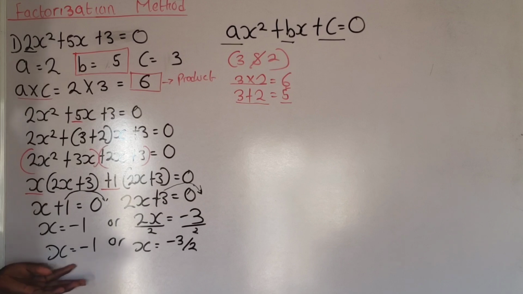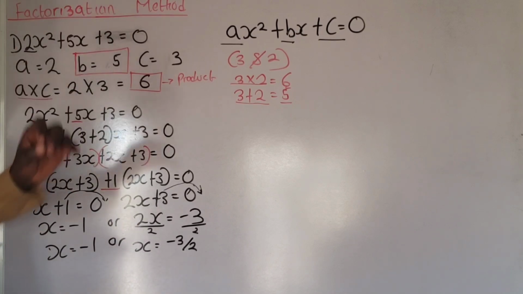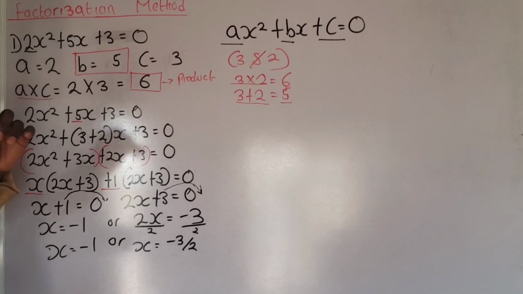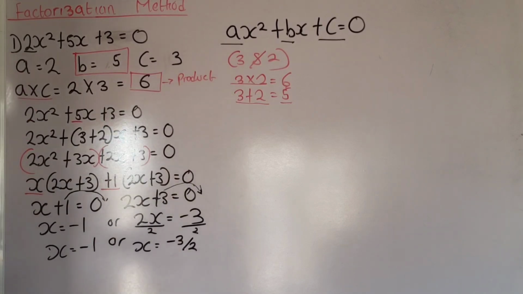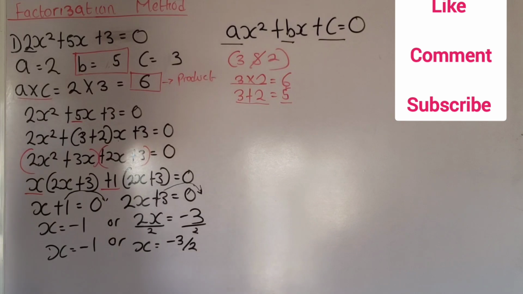So by the time you substitute the value of x as negative 1 into this quadratic equation, or x as negative 3 over 2, you're going to have 0. You can try that. I'm very sure you can now deal with quadratic equations using the factorization method where a is not unity. That is how to solve a quadratic equation using the factorization method where a is not unity.